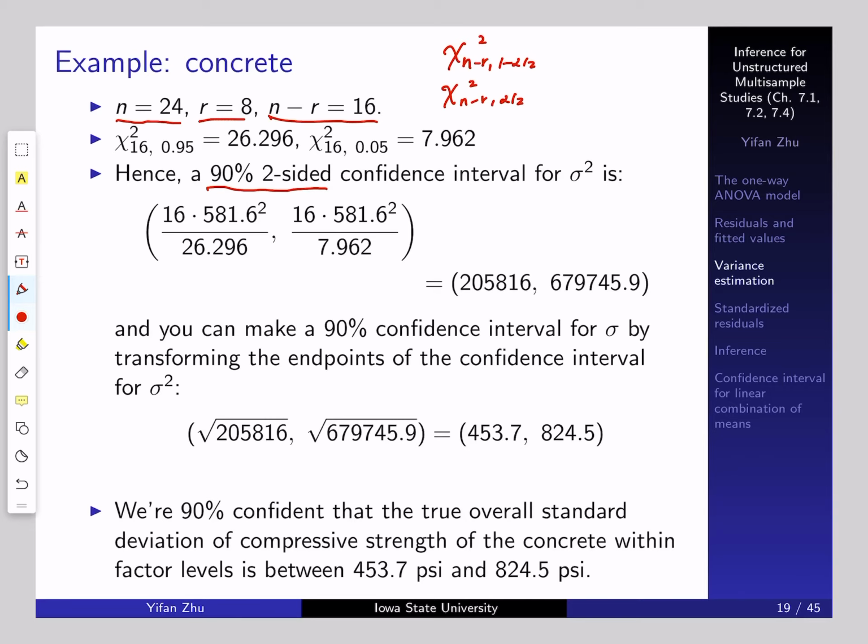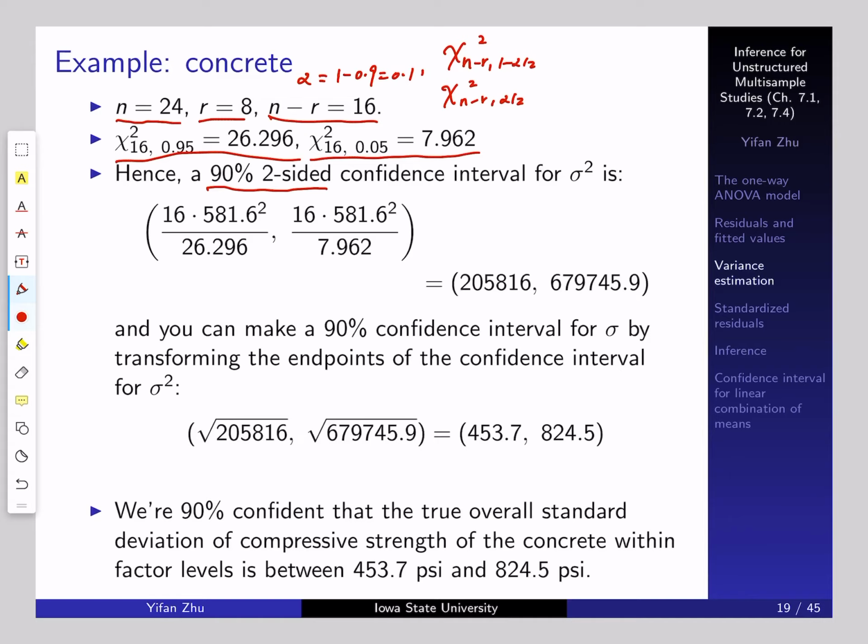So in this case, alpha is 1 minus 0.9, which is 0.1. So 1 minus alpha over 2 is then 0.95, and alpha over 2 is 0.05. So we obtain these two quantiles of the chi-square distribution.